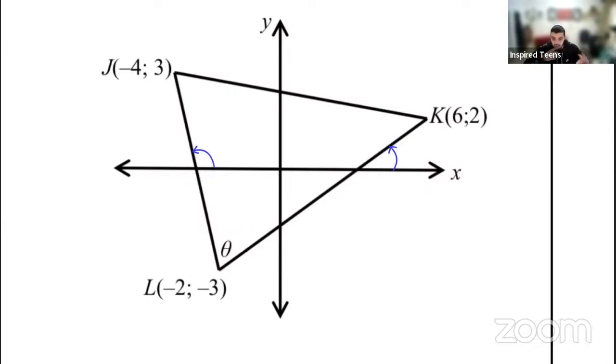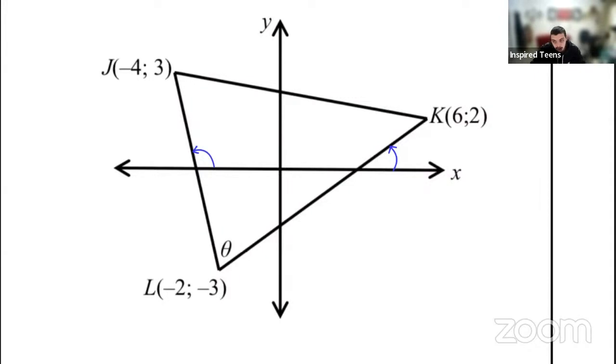Write down a little arrow to show the angles that you can solve. Any angle of inclination that crosses the x-axis, mark it. Although I don't know yet how to get to the angle I need to solve for, let me take down which angles I can obviously solve for. I can solve for this one if I have the gradient of that line, and that one if I have the gradient of that line.